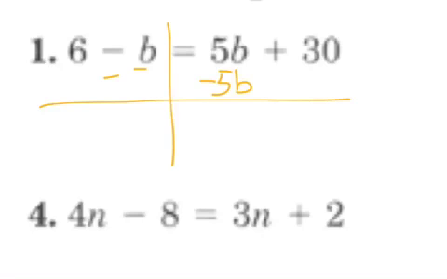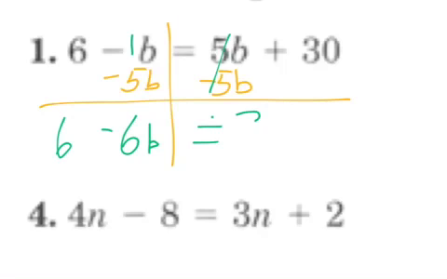What I do to one side, I have to do to the other, no matter what. Now on the right-hand side, the b's go away. On the left-hand side, we get a negative 1b minus 5b, which makes a negative 6b. And we just bring down the 6 that was already there, and this is going to equal 30.